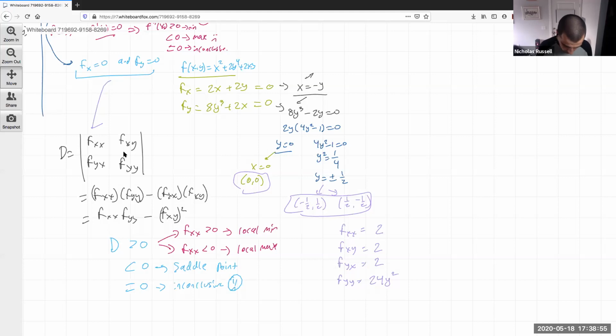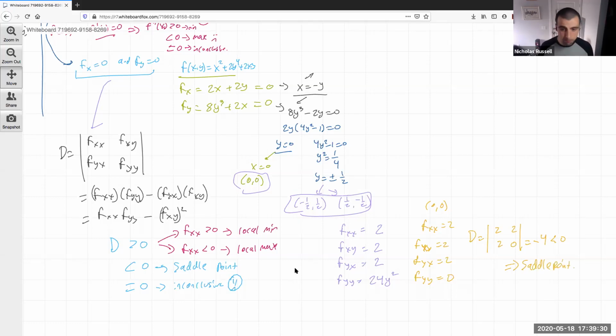To take 0, 0 here, we would get that fxx is equal to 2, fxy is equal to 2, fyx is equal to 2, and fyy, just plugging in 0, would be 0. So the determinant here would be 2 times 0 minus 2 times 2, which is -4, which is negative. And so, since it's negative, this means that 0, 0 is a saddle point.